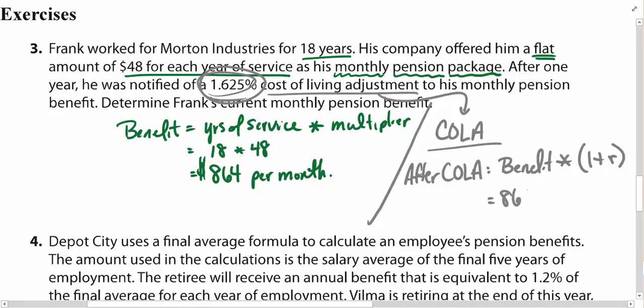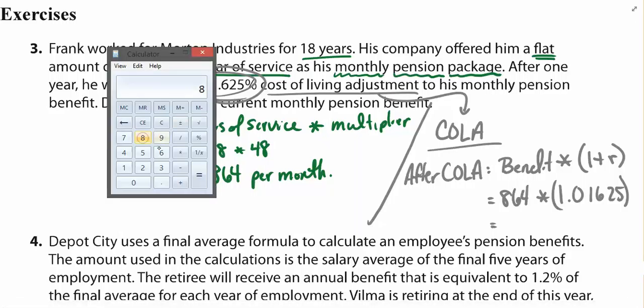So in this case, $864 times 1 plus the interest rate. Now, I'll go ahead and do the math here together because the interest rate is 0.01625. I'll just write this as 1.01625. That'll save our calculations a little bit.